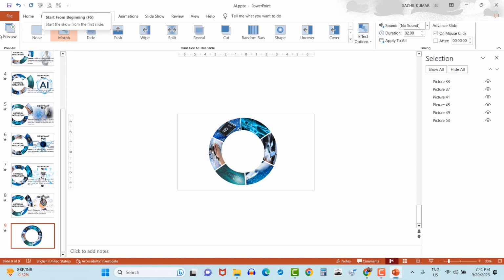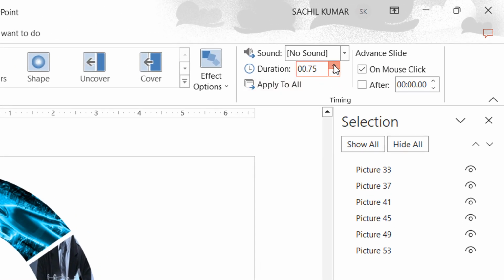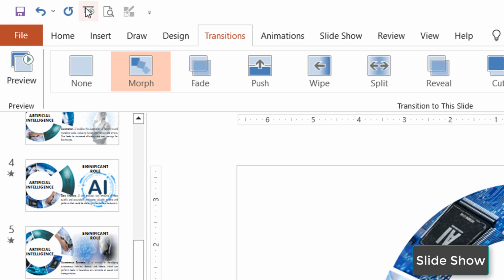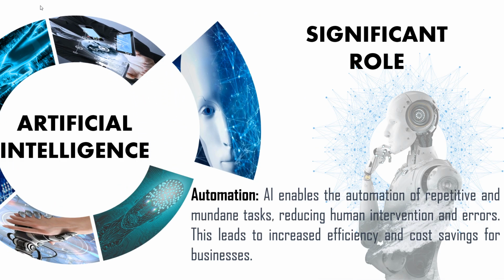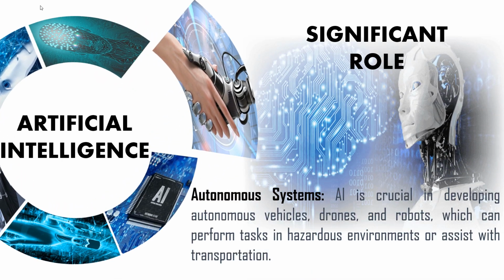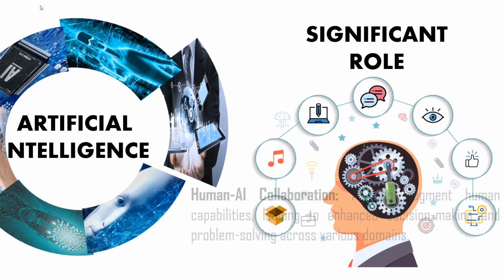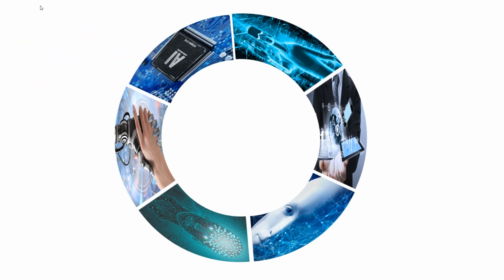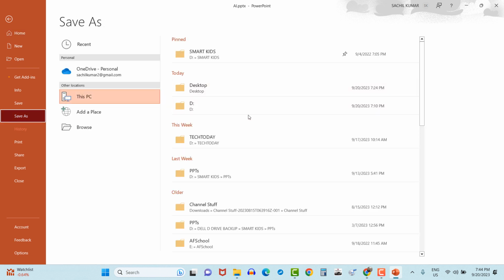Bravo! If you make it to the end, you will be a champion. Let's reduce the timing to 0.75 seconds and see the slideshow a little bit faster. Now let's save this transition in video format MP4.